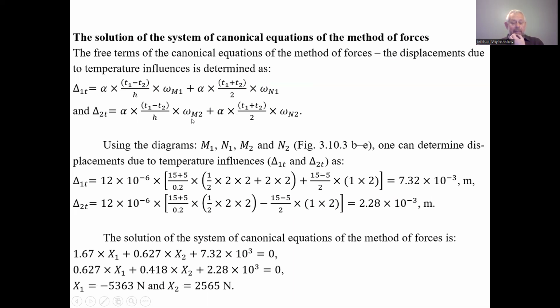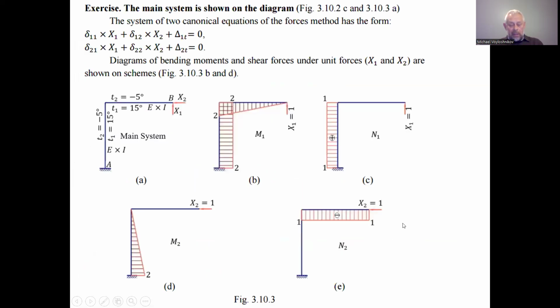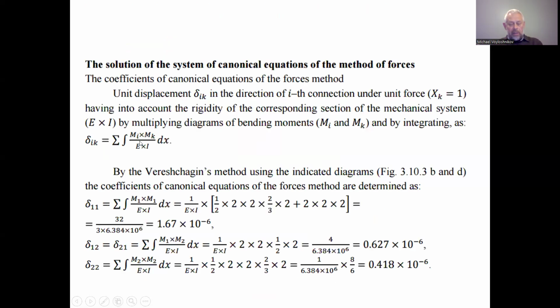But the areas of the bending moments and the longitudinal forces we consider for the second unit force, because the second canonic equation is about the displacement in the direction of the second assigned force of the cutoff link, when we make the main statically determinate system out of the assigned statically indeterminate system.